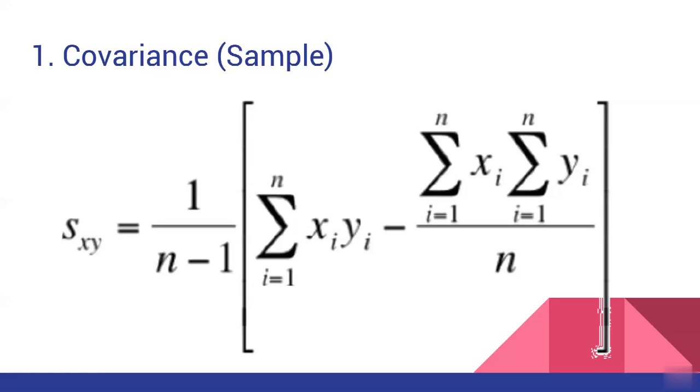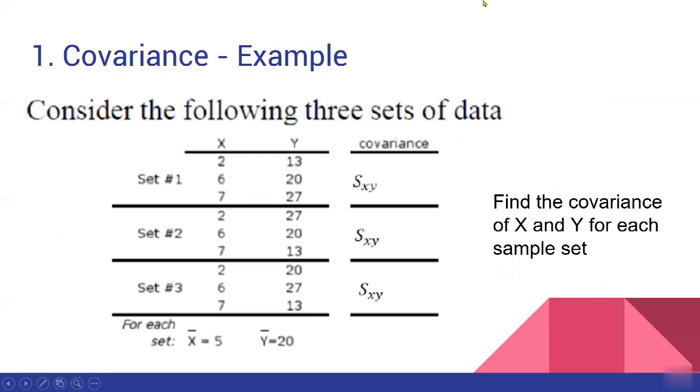Next, let's have a look at some example. Consider the following three sets of data. Okay, for example, set one is x is 2, 6, 7, and corresponding y values are 13, 20, and 27. Calculate the covariance of x and y for each sample set.